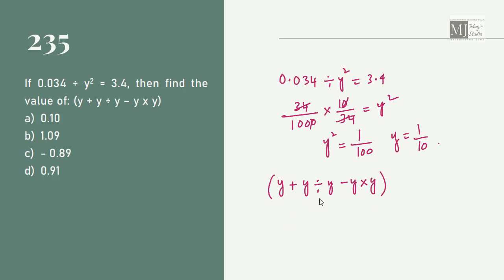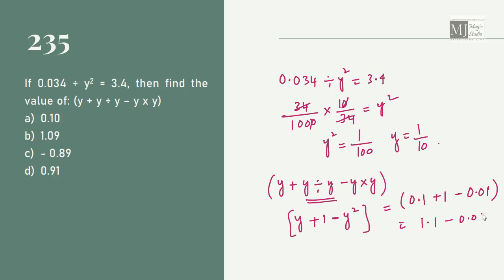If we use BODMAS rule, we have to divide first. Y divided by y will give you 1, y plus 1 minus, now we can multiply these two, y square. So answer should be y plus 1 minus y square. Okay, y is 0.1 plus 1 minus y square is 0.01. 1.1 minus 0.01 should give us 1.09. Option B fits in.